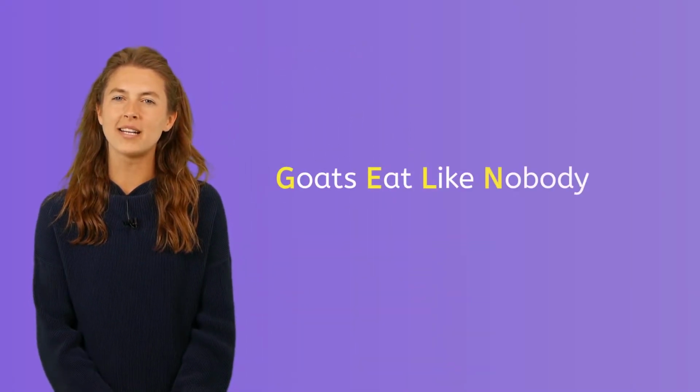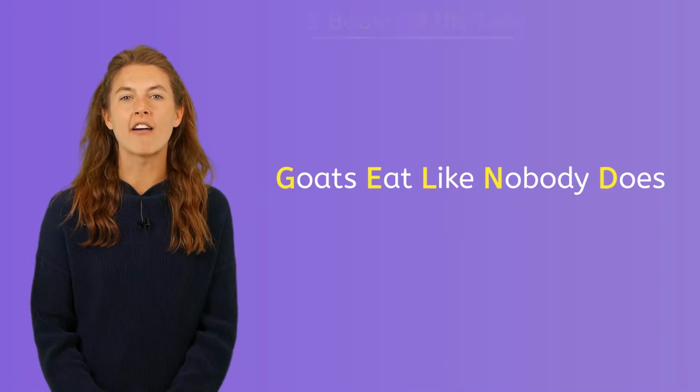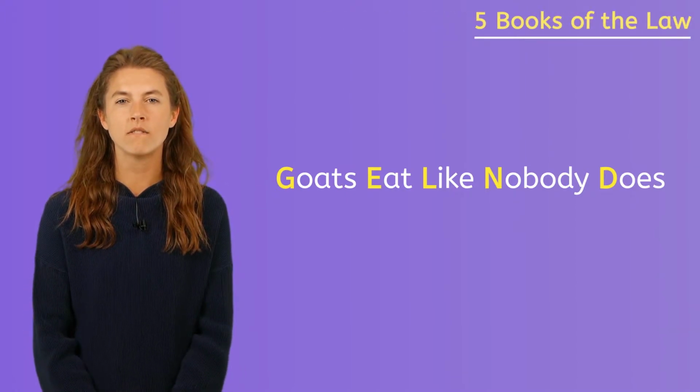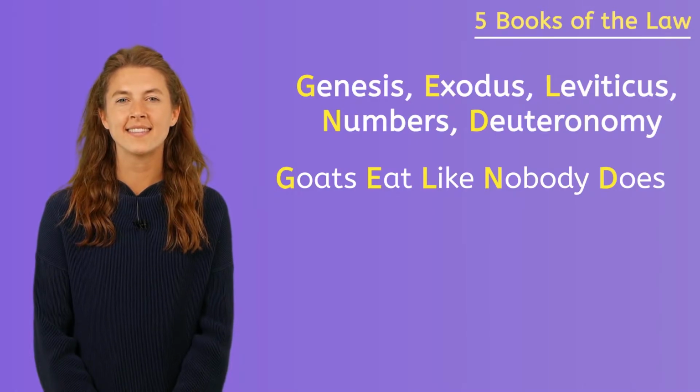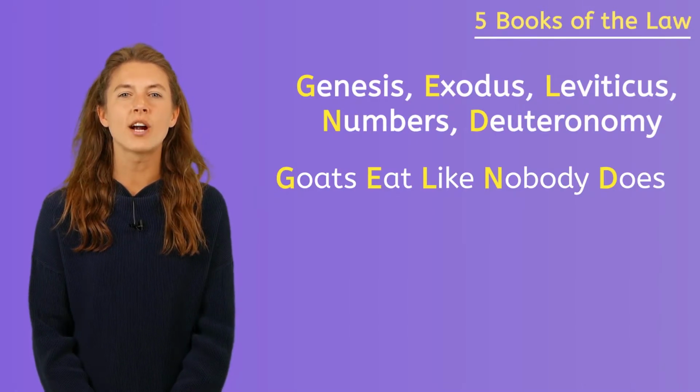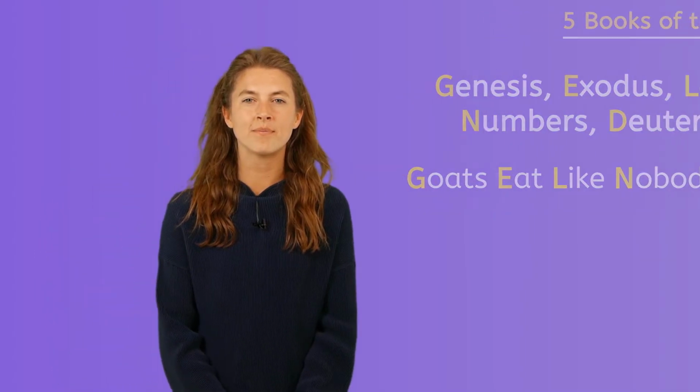You can practice knowing the order of the books by singing, rapping, or using a memory trick like "Goats eat like nobody does" to remember the 5 books of the law. Just start with one group at a time. Okay, so finding chapters is fairly easy because it's just like finding chapters in your favorite novel.